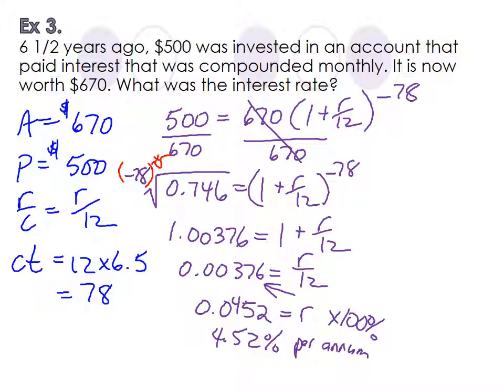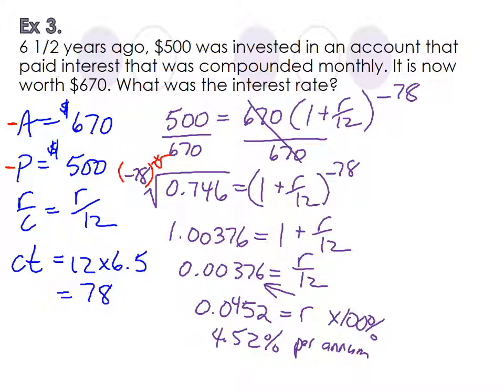Before moving on, one quick point to make. Some of you may be noticing that you actually have enough information to use the formula we used yesterday, the normal future value compound interest formula. We basically did that question yesterday. So I did it using the present value just because that's the lesson we're in, but when you're given both A and P, you can use whichever formula you want.